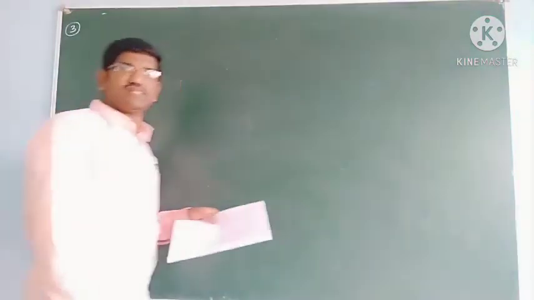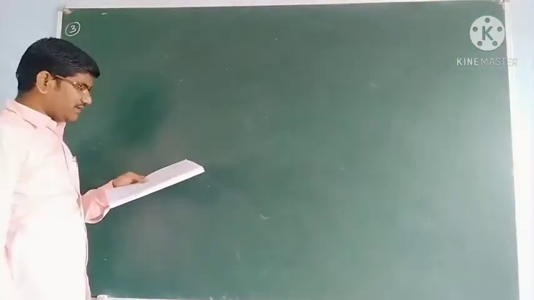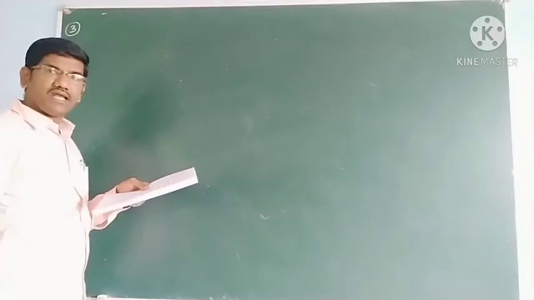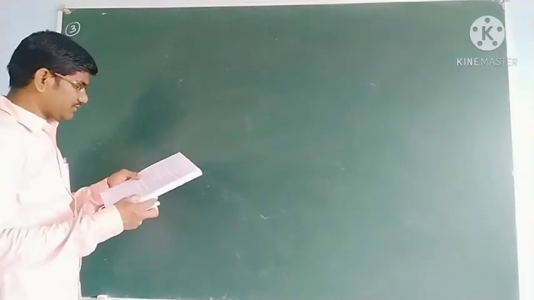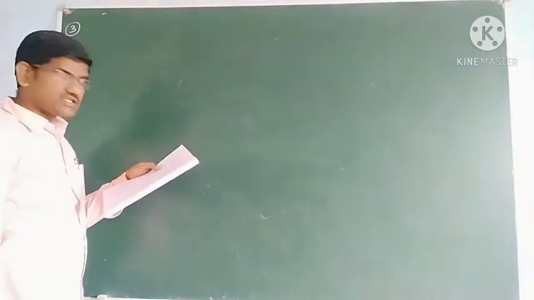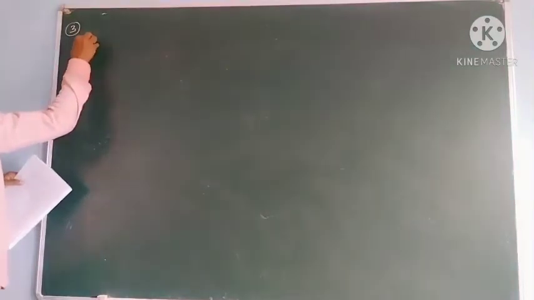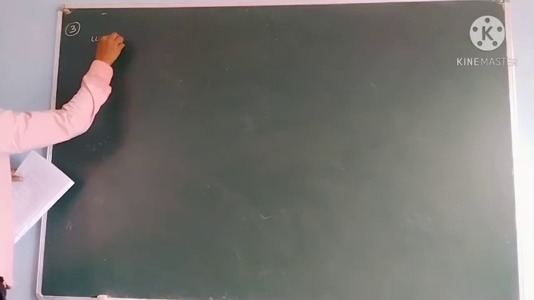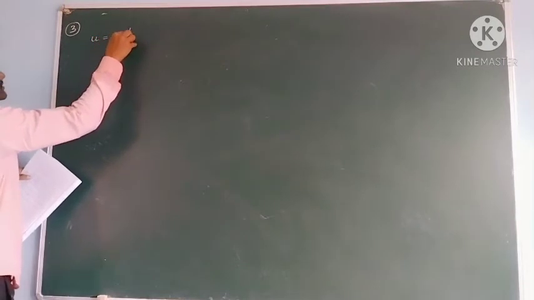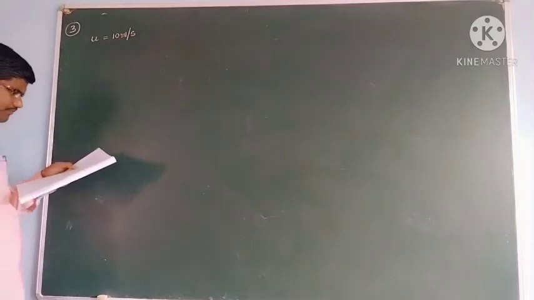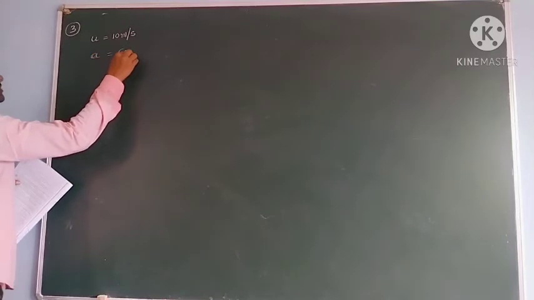Okay students, see the next problem. A particle starts with an initial velocity u is 10 meters per second and moves with uniform acceleration, so that is called a, it is constant.